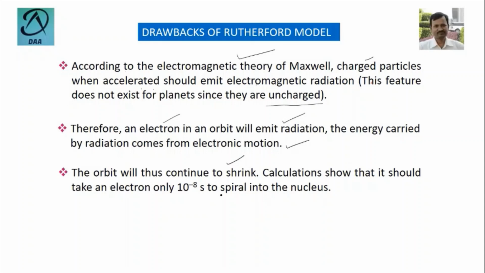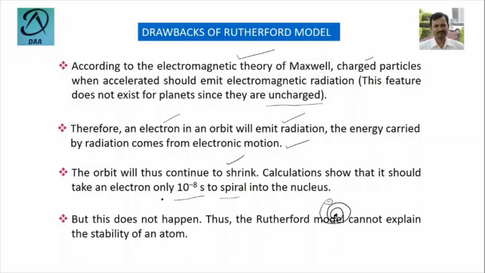Calculation shows that it should take an electron only 10 to the power minus 8 seconds to spiral into the nucleus. That means it will collapse onto the nucleus in only 10 to the power minus 8 seconds. But this does not happen.